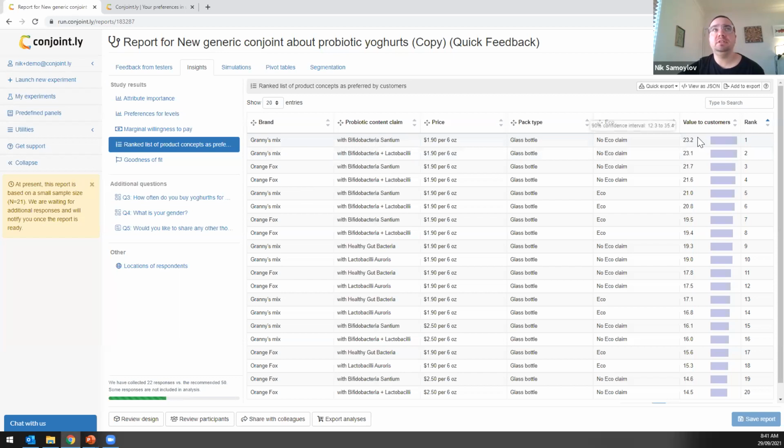All these values in Conjoint, they're relative. So we're always talking about this combination relative to this combination, and this value column just helps us compare between them. It's not value in terms of dollars here. So that's what you get from a conjoint, from just analyzing aggregate results.